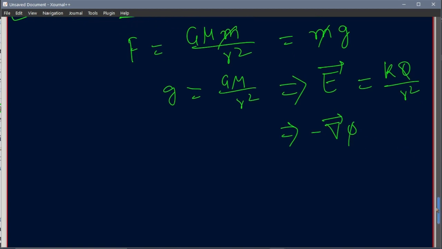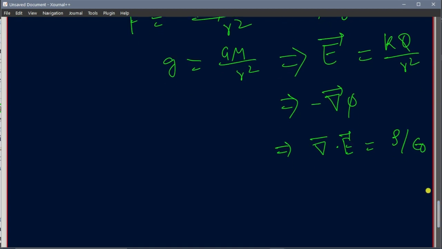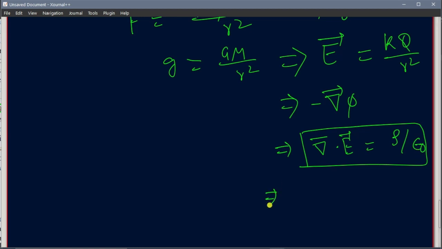Now from Gauss's law we have already seen this. If you don't know, I have a video, you can see it by clicking on the i button. If you compare it with the Gaussian surface, then we can write in differential form this equation: del dot E is equal to rho over epsilon naught. Now if E is replaced by this one, we realize that del squared phi is equal to minus rho over epsilon naught.